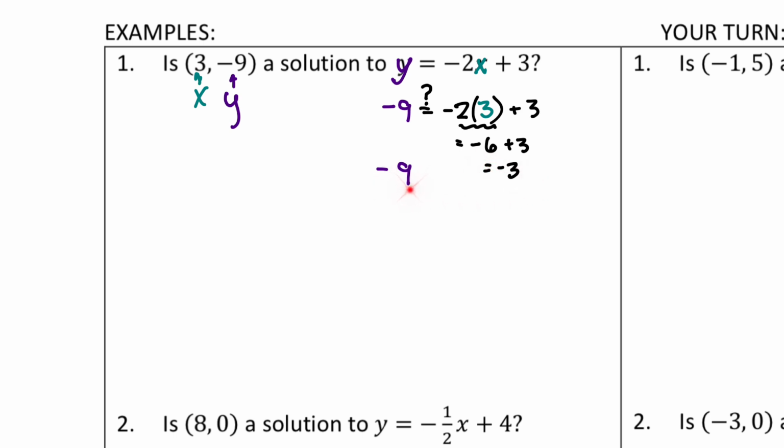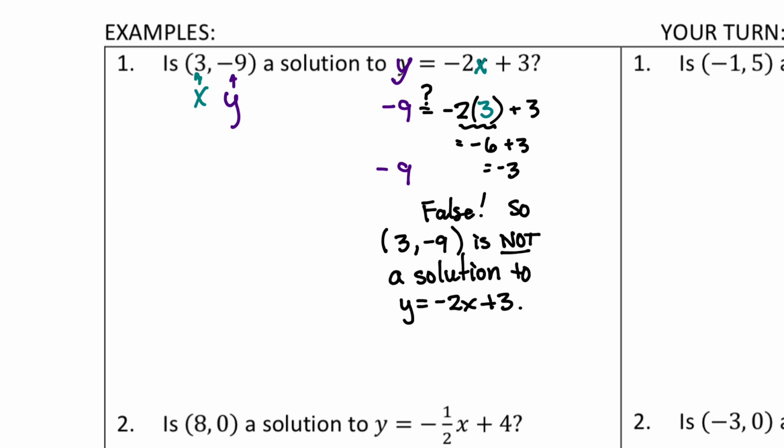And no, it is not. Because it is false, negative 9 is not equal to negative 3. Okay, so that means it is not a solution. It's a solution to something, but not this one, right?